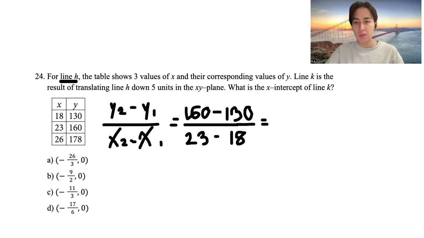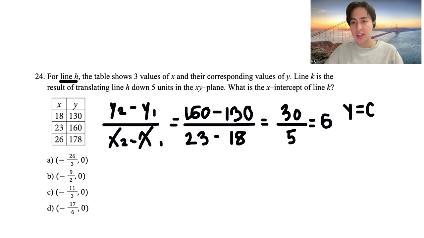Once you simplify this, you get 30 on the top over 5. That means the slope of line H is 6. So far what we have is y equals 6x plus b.